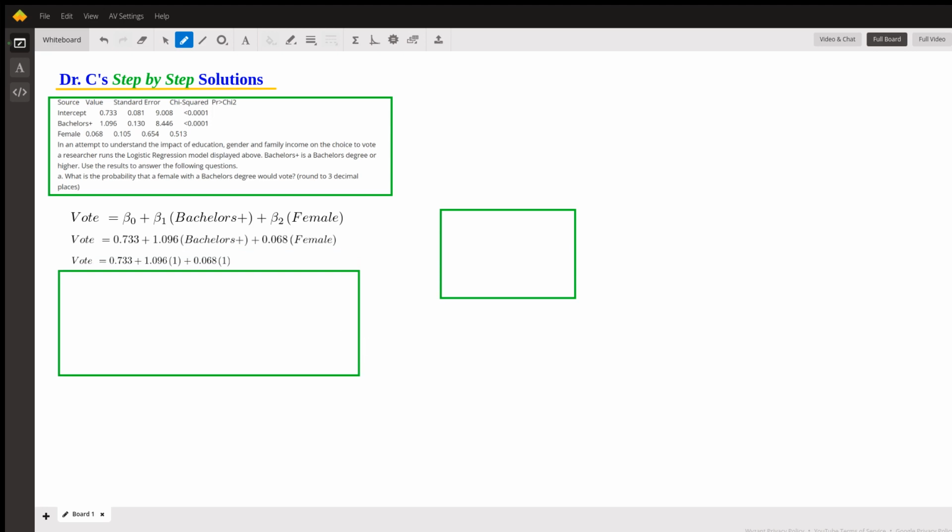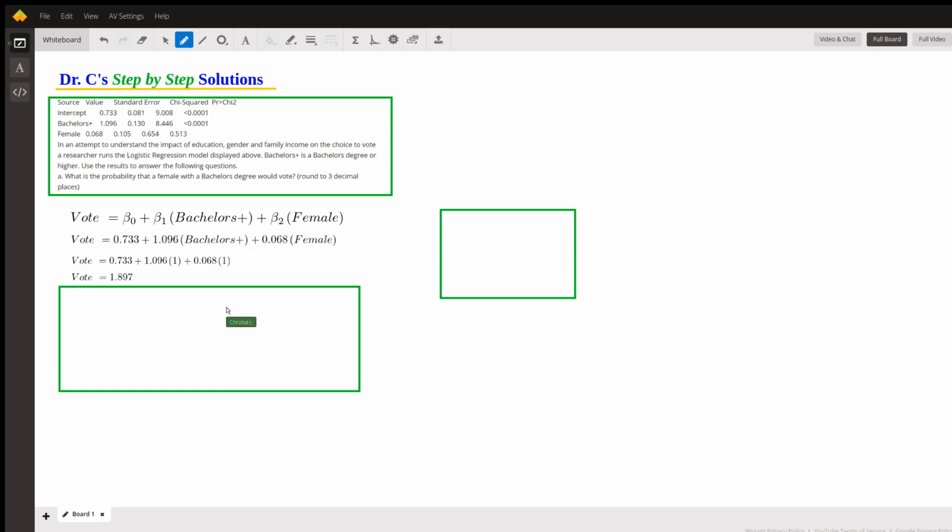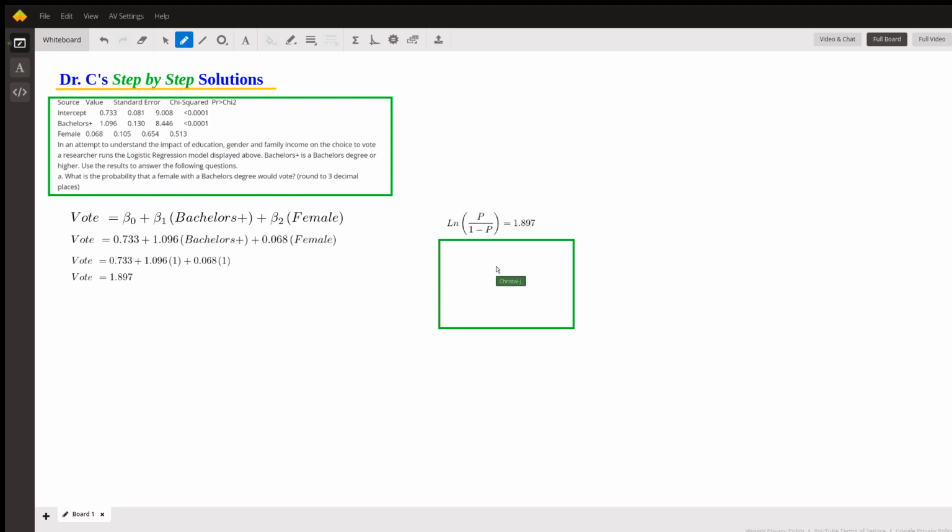Okay, so after we do that, you essentially solve for all of the numbers that are there, and the value of voting would be 1.897. Okay, we're not done though because it's asking what is the probability. So essentially, we would use the natural logarithmic formula in order to get probability, which is pretty much probability over 1 minus p.